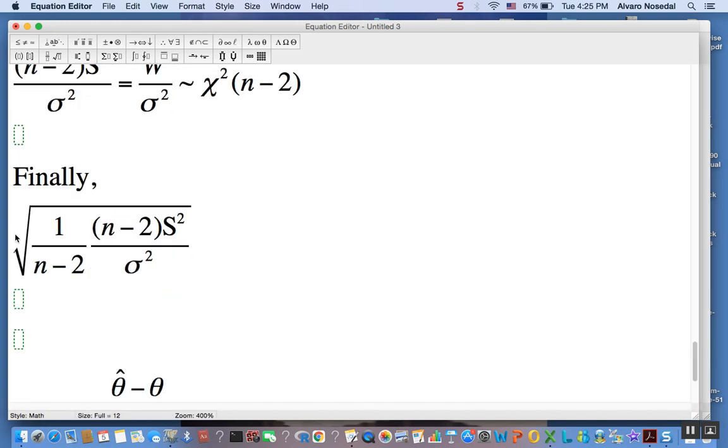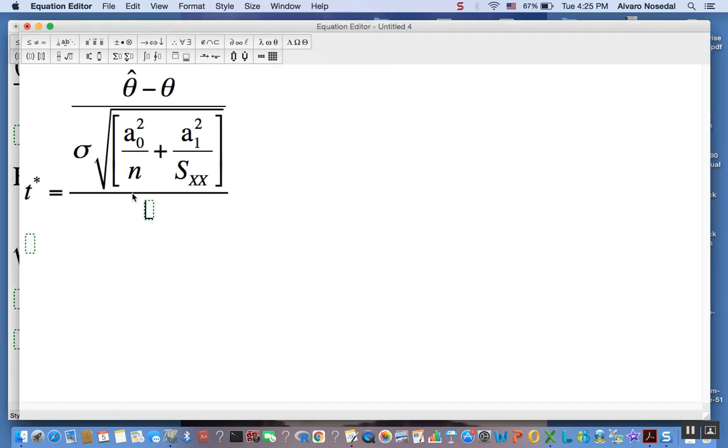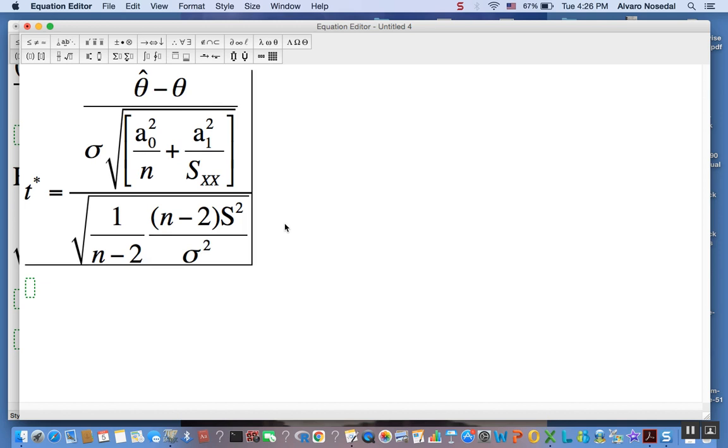And let me copy and paste the denominator that we think is going to work. Make sense?